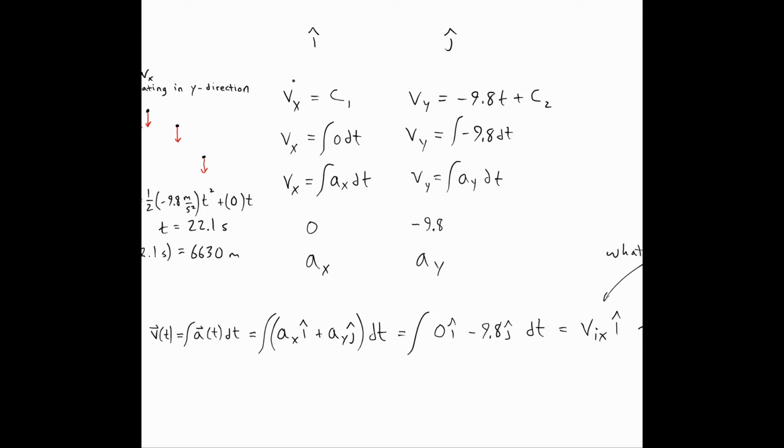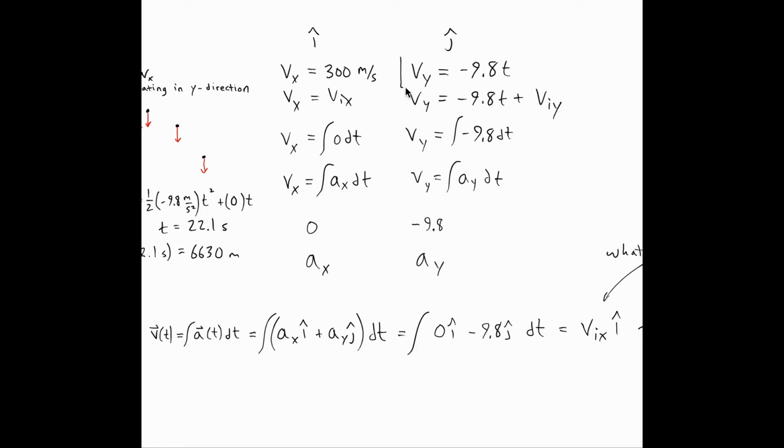So the constant to use for this problem would be 300. That was the speed in the horizontal dimension. Instead of writing C1, you could write Vix, and instead of C2, you put Viy. But the Viy is actually 0 because it wasn't moving up nor down when we first started.